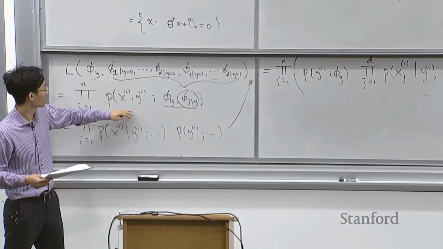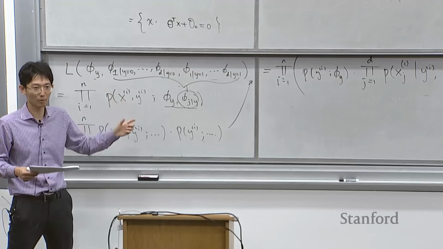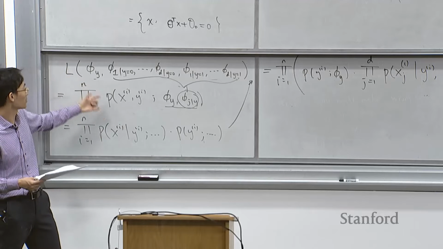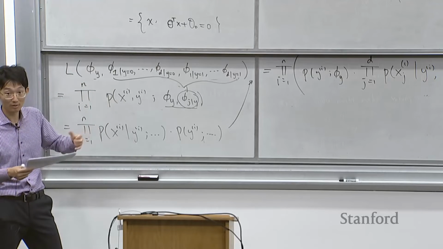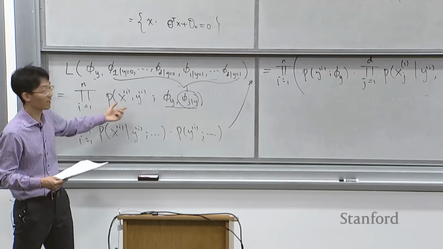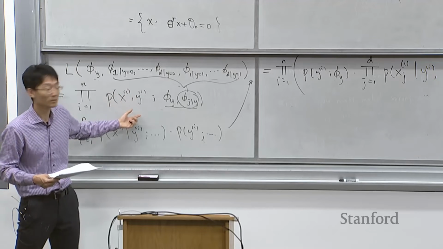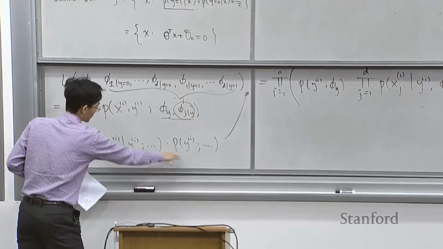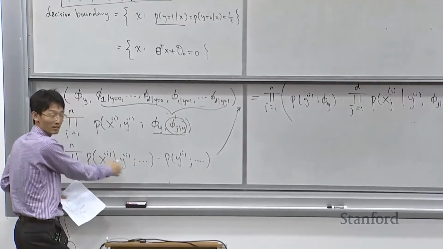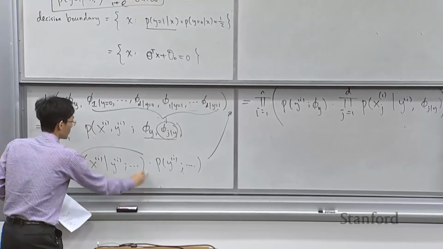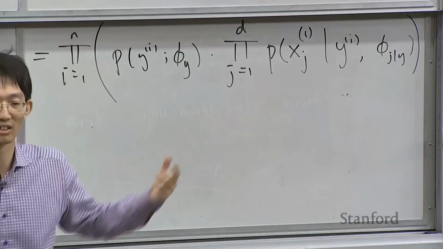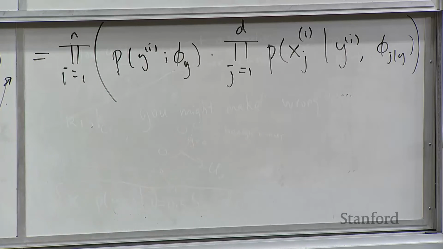Here I'm using the fact that all the examples are independently sampled. So the joint probability over all examples is the product of the probabilities of each of the examples. And now for every example, of course I first do the chain rule to get x given y. And then I factorize this one into this product again. This is using naive Bayes.